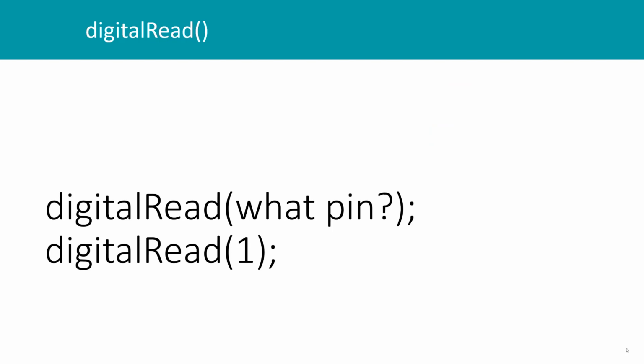So before we go on to the next part of the tutorial, I just want to talk a little bit about digital read, which we haven't talked about yet. Digital read is the opposite of digital write. Essentially, rather than telling a pin to be either high or low, the Arduino will be looking at a pin to determine whether or not it's high or low. So when you see it written, you're going to see digital read and then a bracket.